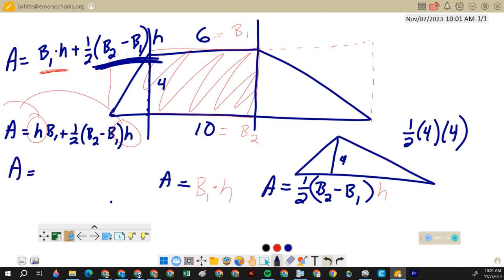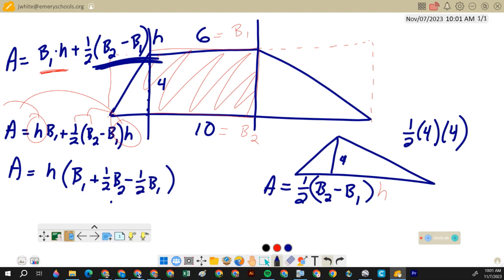So area equals H times B1 plus, let's distribute this, 1/2 B2 minus 1/2 B1.